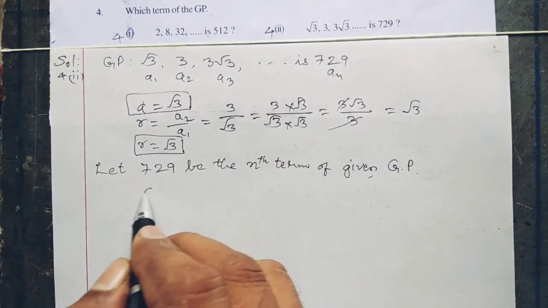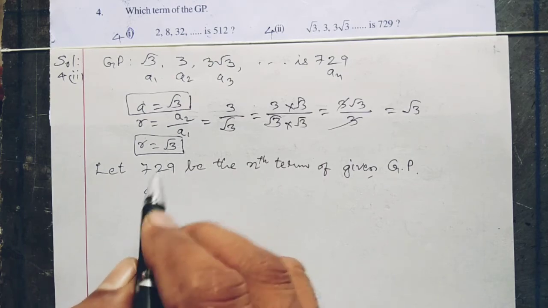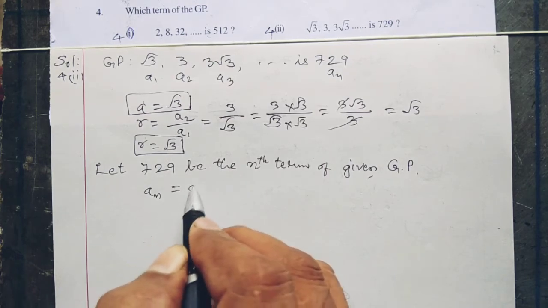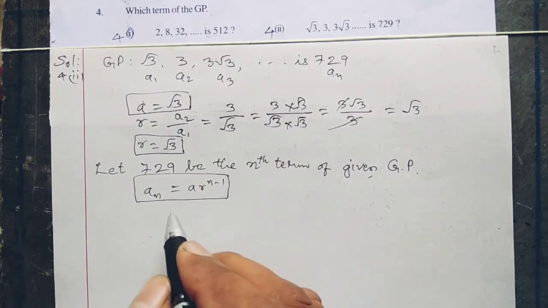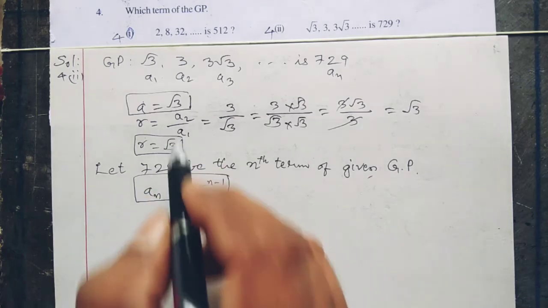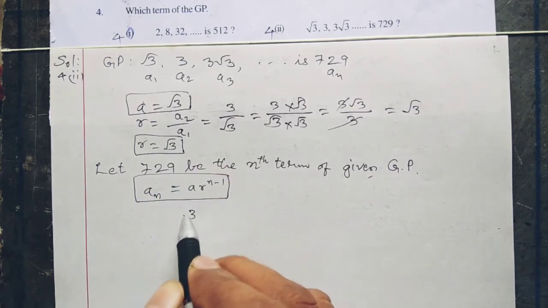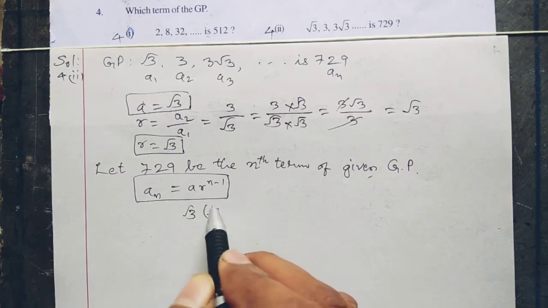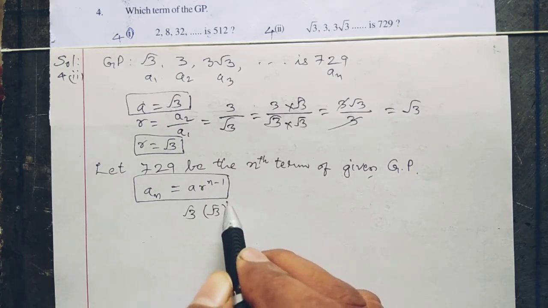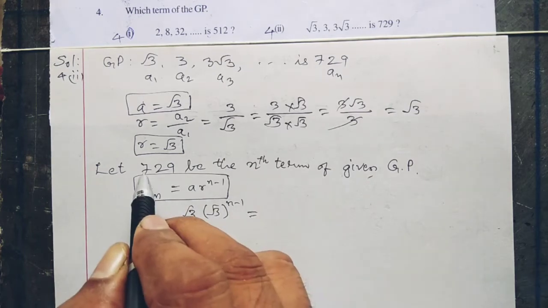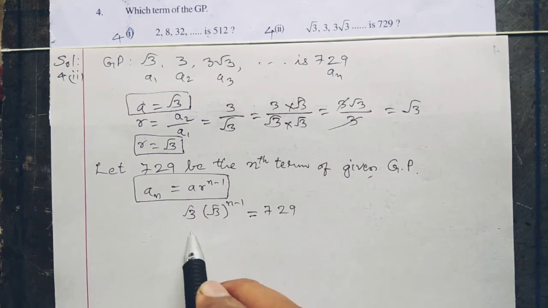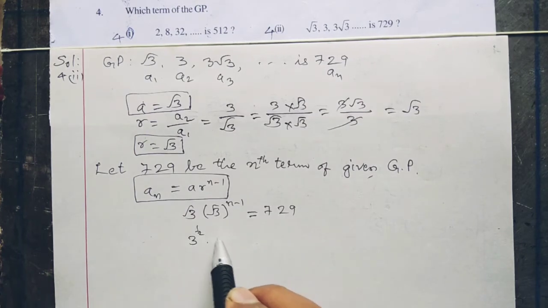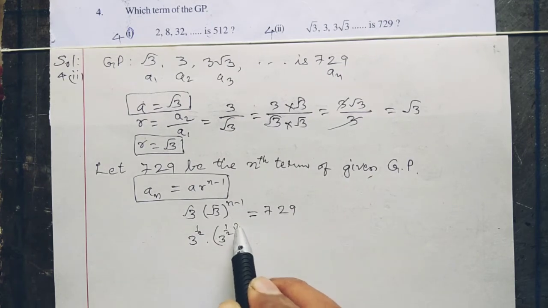Then we know an is equal to a r to the power of n minus 1. This is the formula, so in this we have to substitute these values. a is root 3, r is also root 3, so root 3 to the power of n minus 1 is equal to the given 729, which is 3 to the power of 1 by 2 into 3 to the power of 1 by 2 whole to the power of n minus 1.